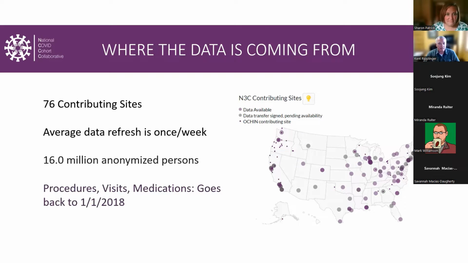But I do also want to let you know it's very dynamic data. So it can and does change. As you can see, currently we have 76 contributing sites, and these sites have grown. I think when I first started a few months ago, there were like 71. So the data gets refreshed, more sites are added, so the data does change over time. But you can always access older data if you needed it in your research.